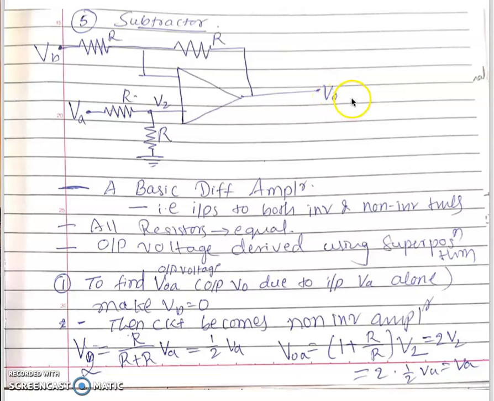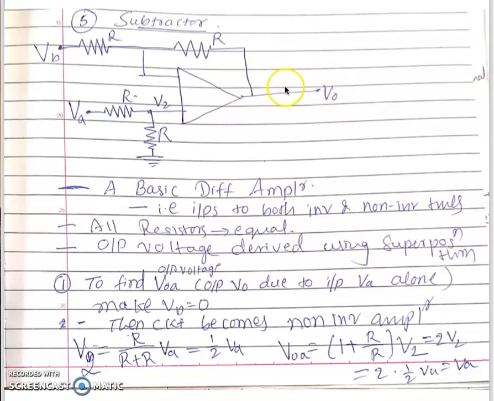And the final output voltage is the sum of the output voltages due to the individual input voltages. So we have VOA and VOB, and the final output voltage is equal to VOA plus VOB. So let us first find VOA.